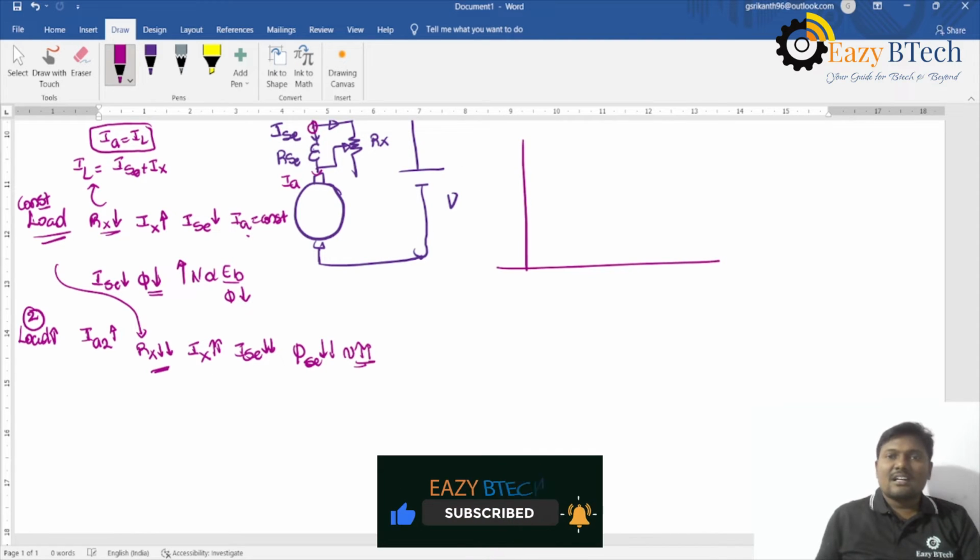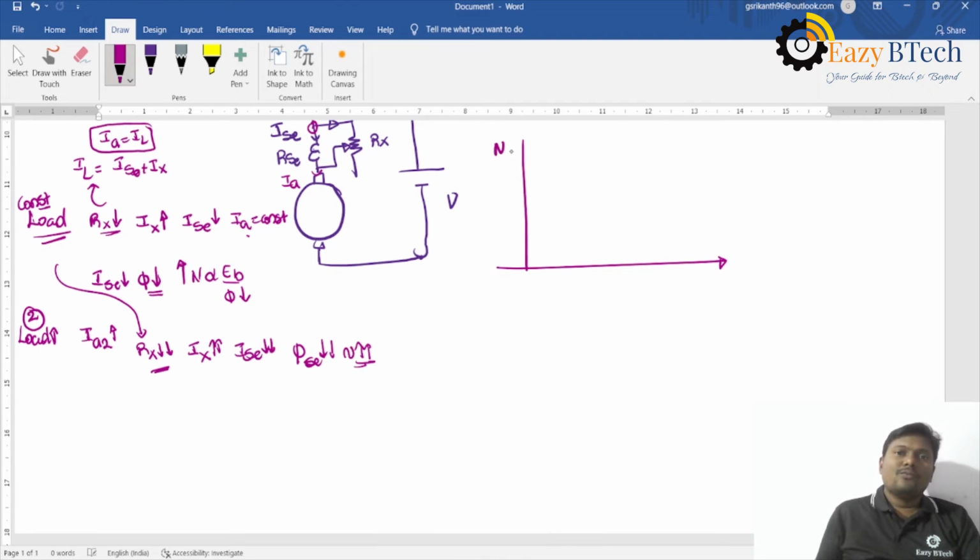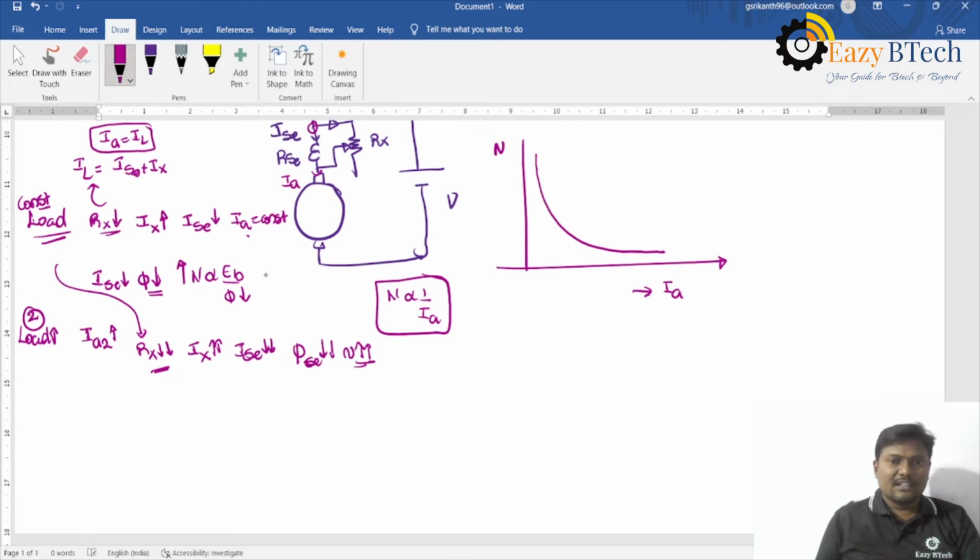If you draw the characteristics, speed versus armature current without Rx is the normal curve, because speed is inversely proportional to Ia under normal operating condition. With Rx included, this is at Rx1, and this is Rx2.